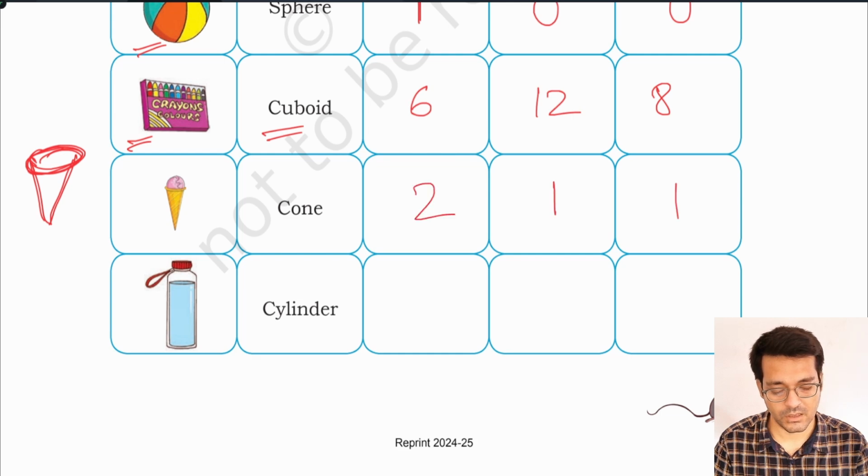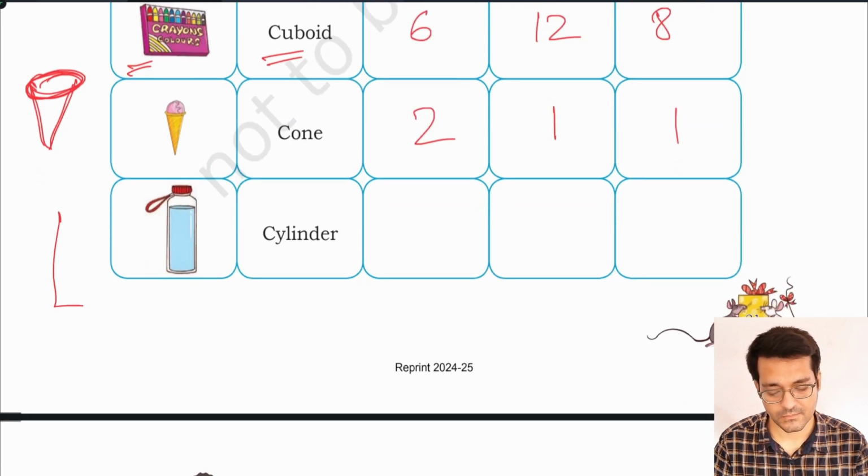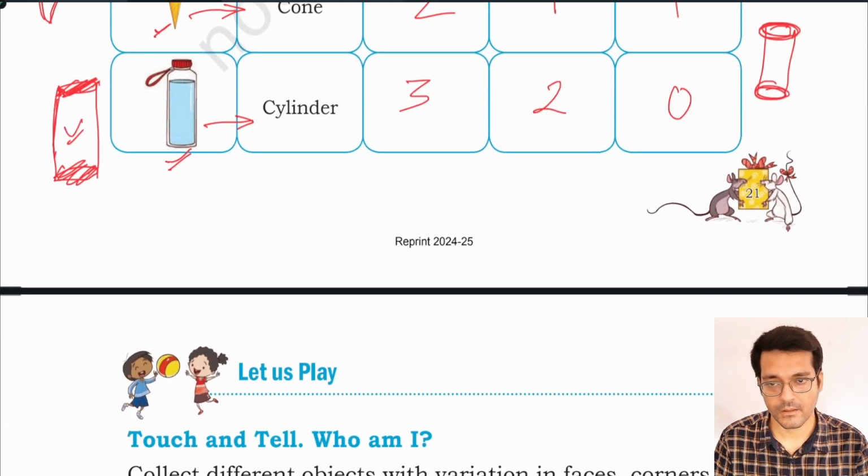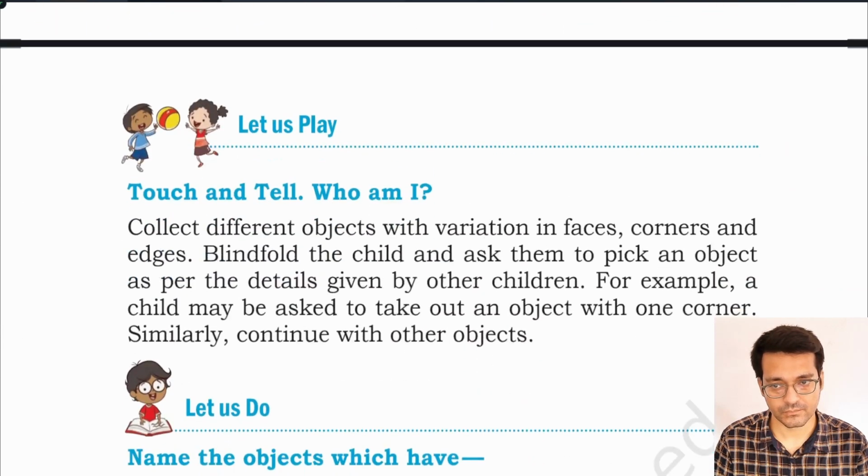A cylinder, like this water bottle, has 3 faces, 2 edges, and no corner. No corner in a cylinder.